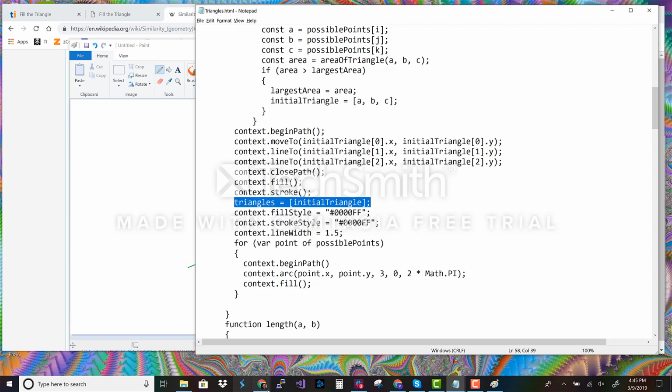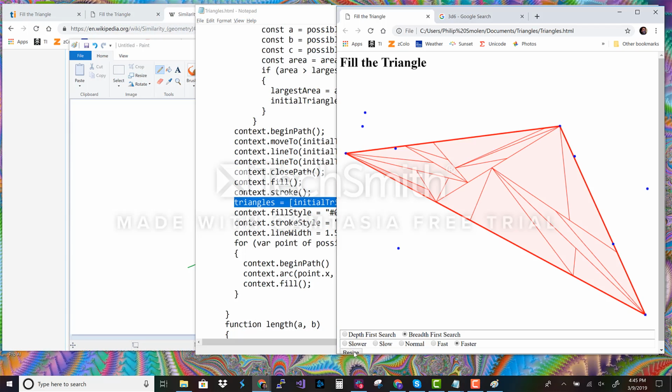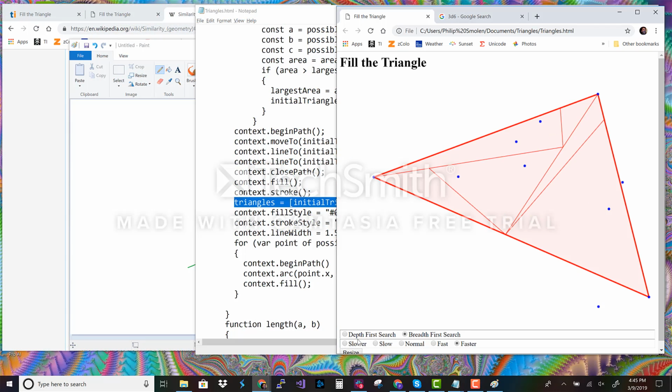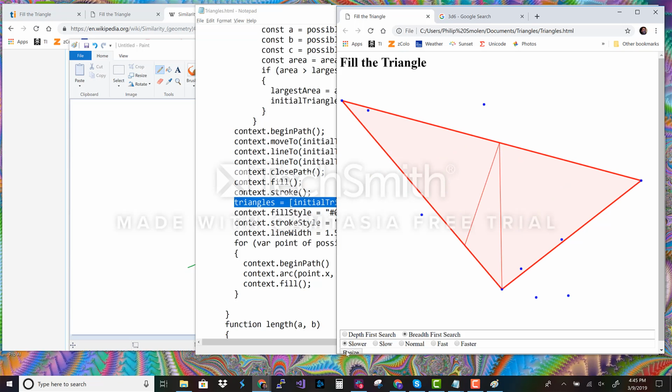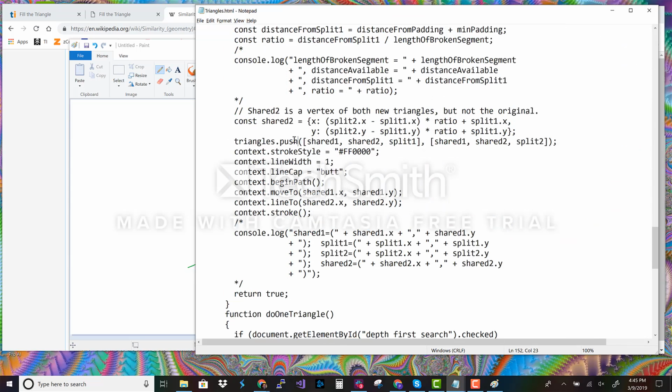That's right, when you first reset, you have just one. When you reset, you have just one triangle when you first start. And then each time you take one triangle off and you split it into 2 more new ones, and you add those. And that's what you're normally seeing, that it normally fills up with more and more triangles.